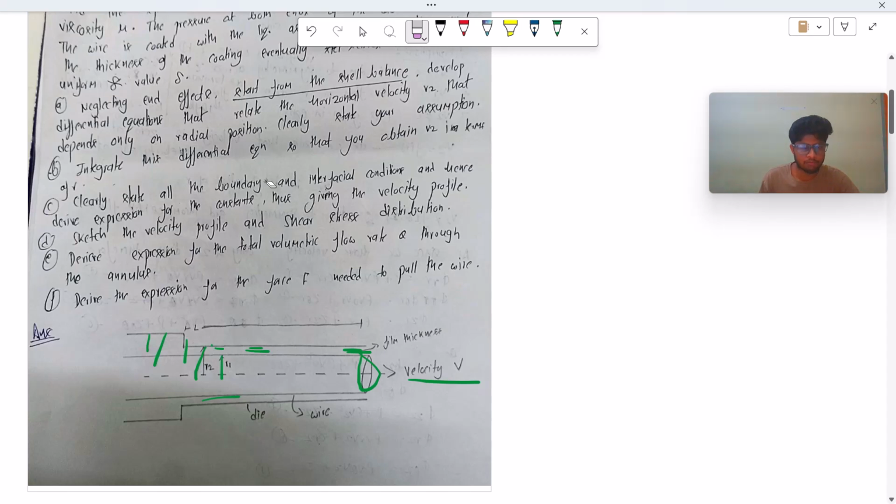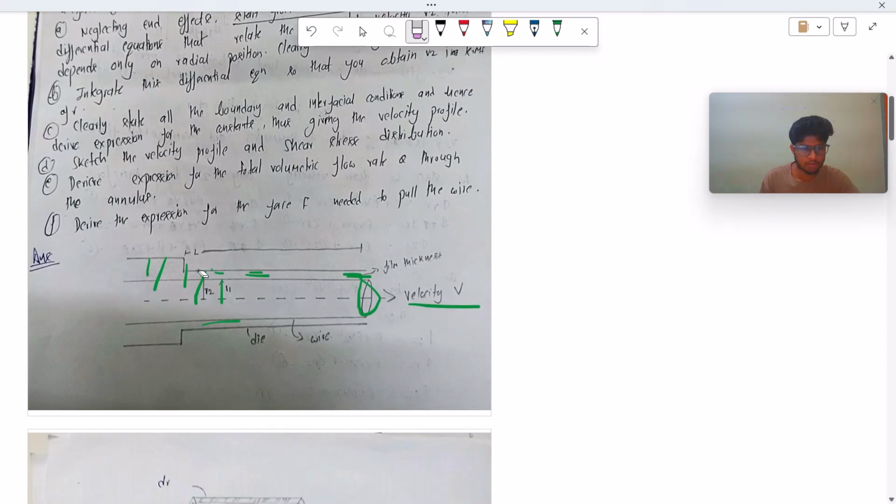So we have to obtain a velocity profile equation and a flux profile equation for this problem, and also find the force that acts on the wire to move the cylinder, and also find the shear stress. We have to write all the assumptions that we take before solving this question.